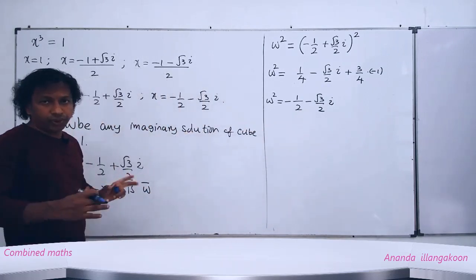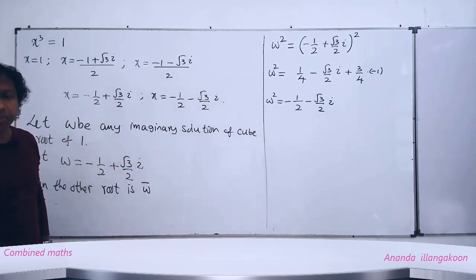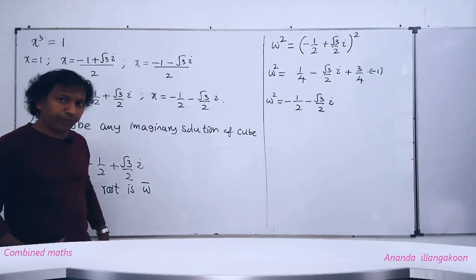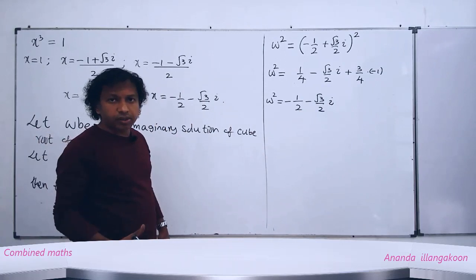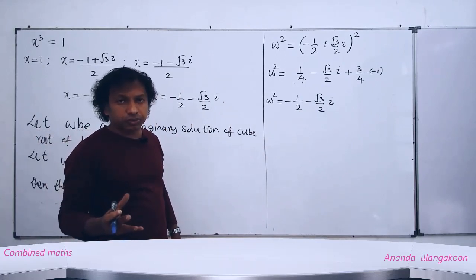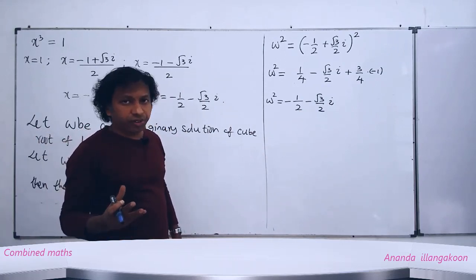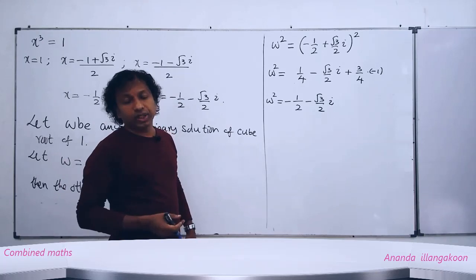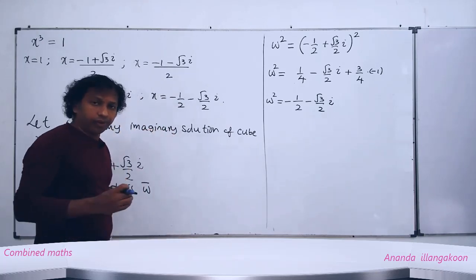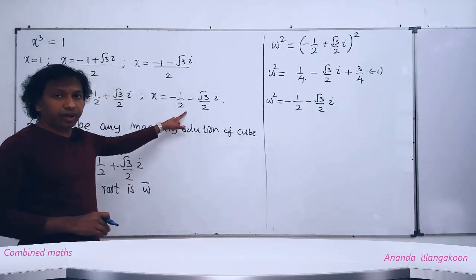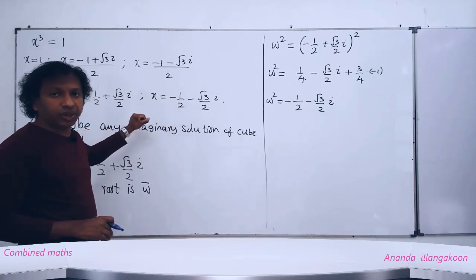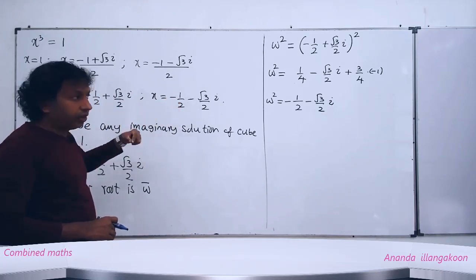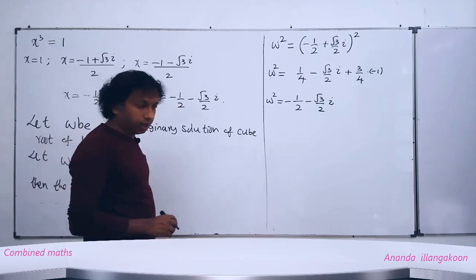So therefore, another relation we have, people. What is that? If one imaginary solution, complex solution of cube root of 1 is omega, the other one is omega squared. Then if you take this as omega and square this, you can see you get this. They will write that statement also. Write down like this.